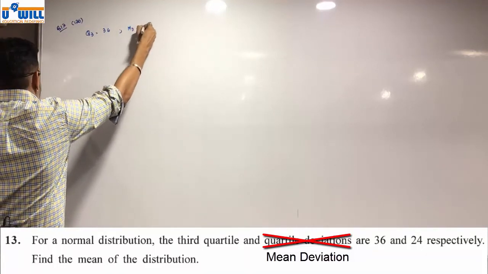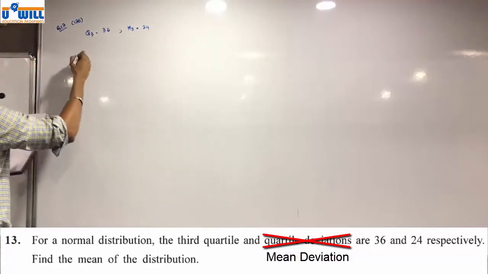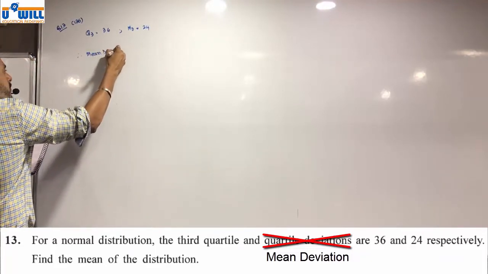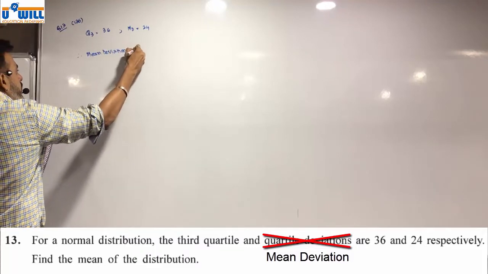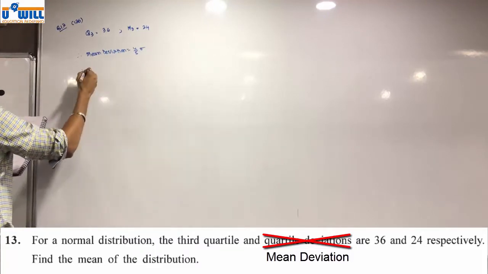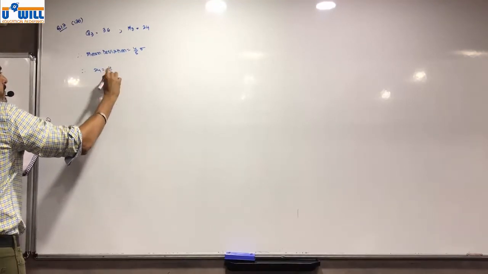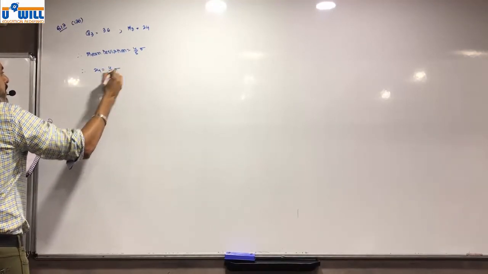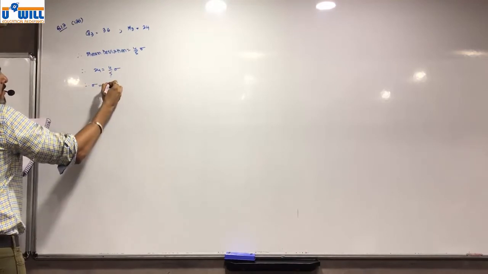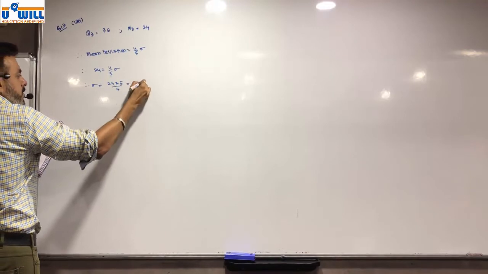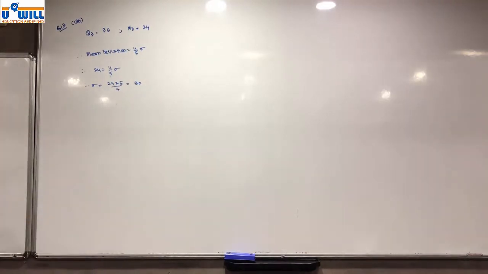Mean deviation is equal to 24. Therefore, mean deviation is equal to 4 by 5 sigma. Therefore, 24 is equal to 4 by 5 sigma. Therefore, sigma is equal to 24 into 5 by 4 is equal to 30.